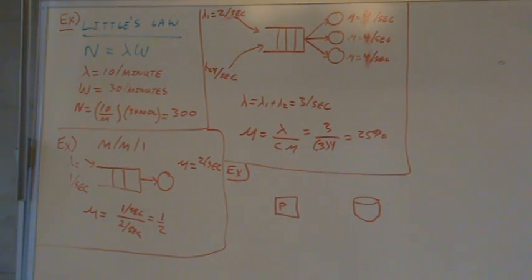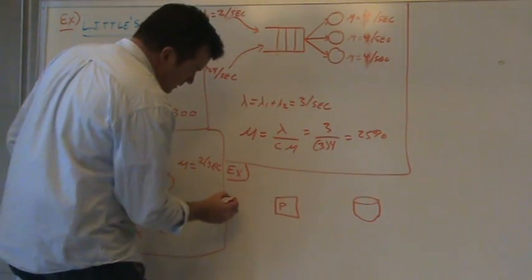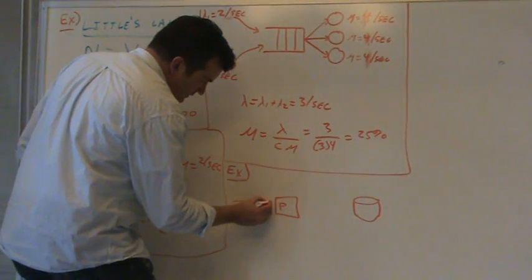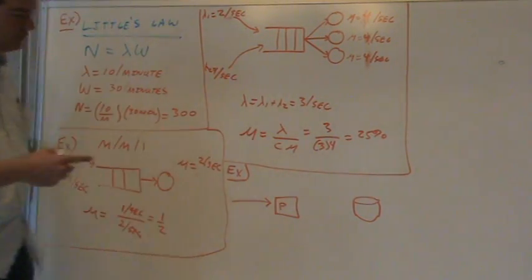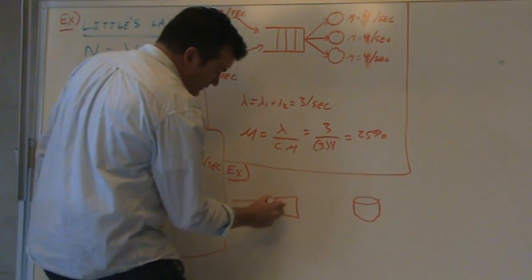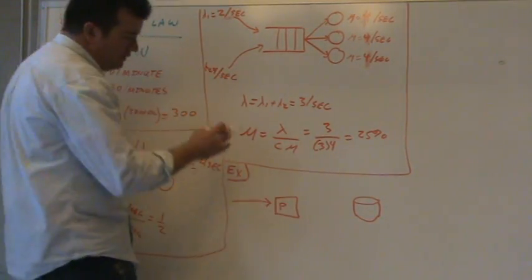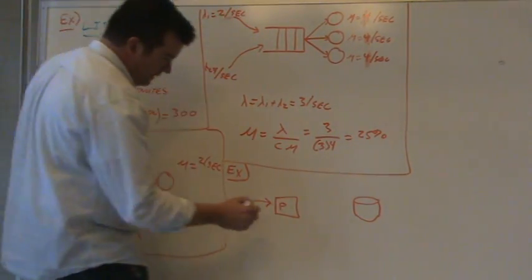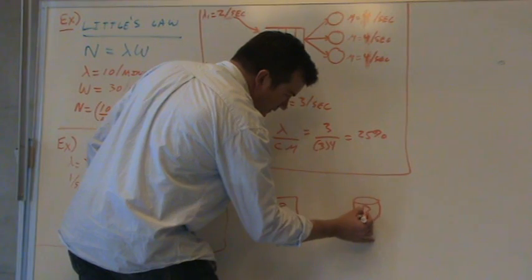And suppose jobs come in to our system, and the first thing they do is start running on the processor. They run for a while, and then sometimes they have to go out to the disk drive to bring a page in. A page has to get swapped in. So sometimes they go from this queue. I'm not even drawing the queue, like the seats in the queue, just assume they're there. And then this is the disk drive.